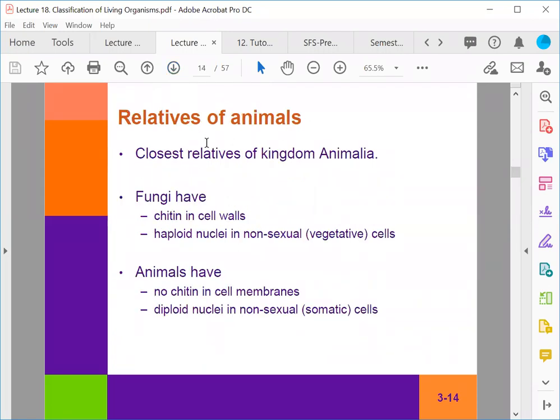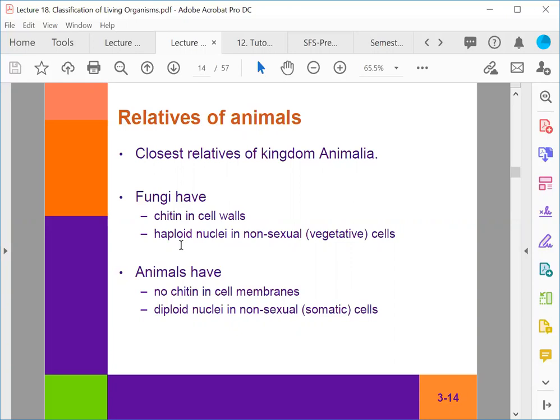All right, so fungi are the closest relatives of kingdom Animalia, but fungi, of course, have cell walls and they have chitin in their cell walls. That is very different to animals because animal cells don't have cell walls. But this is another important difference too: most of the fungal cells are actually haploid.